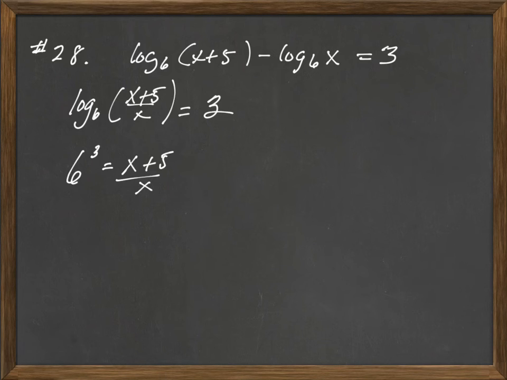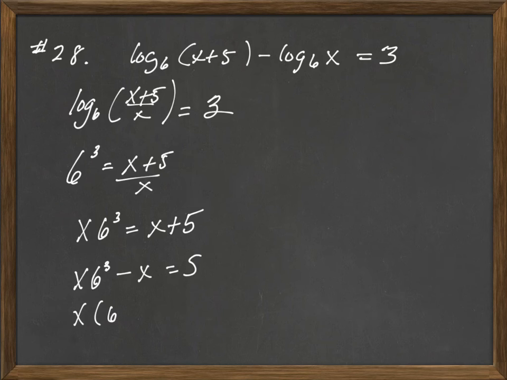You have to do the same thing. x times 6 cubed equals x plus 5. So x times 6 cubed minus x equals 5. So factor out an x, and you get 6 cubed minus 1 equals 5. So x equals 6 cubed minus 1 over 5.